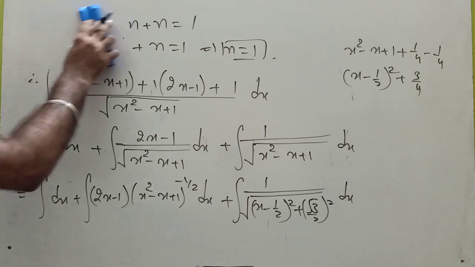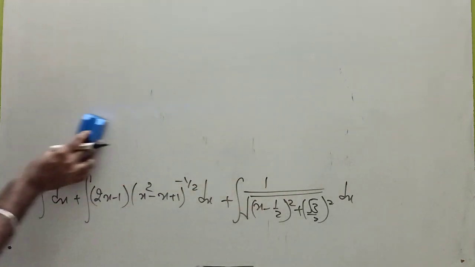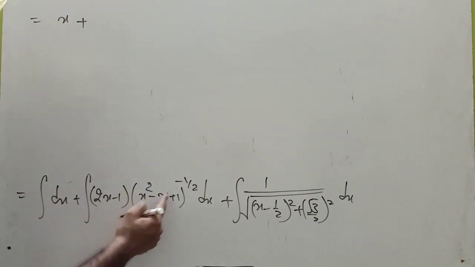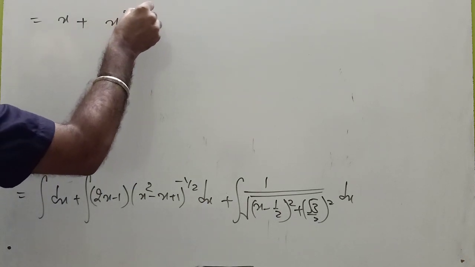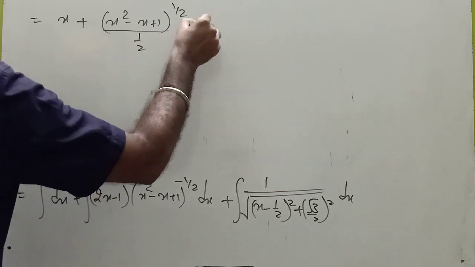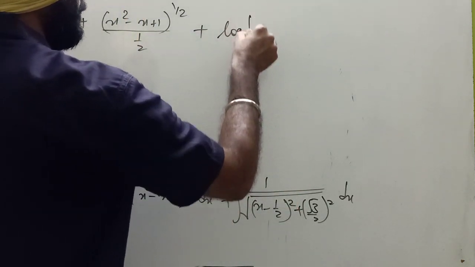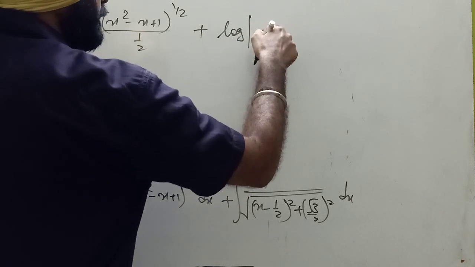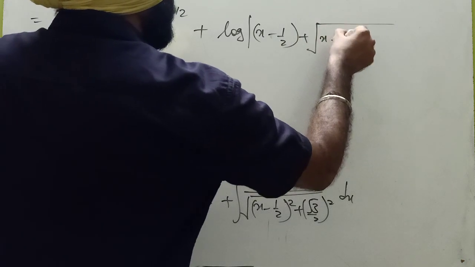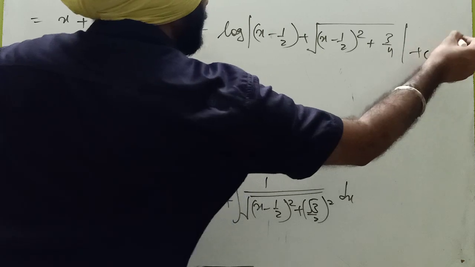Clear? Now we can apply the formulas. First integral becomes x, and second is derivative into function raised to power n, and answer is function raised to power n plus 1, that is half plus 1, over half, plus 1 over under root of x square plus a square, that is log mod x plus under root of x square plus a square plus c.